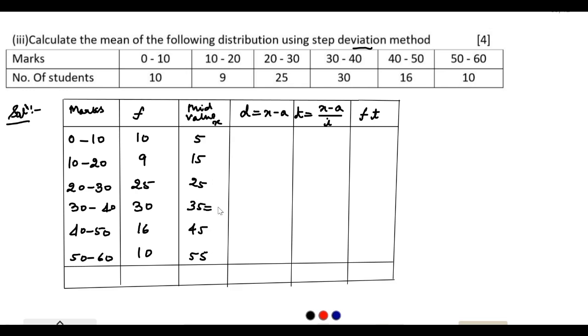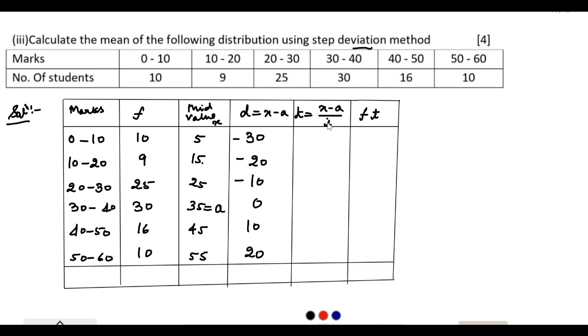Now assume a mean. Suppose 35 is the mean of this data. It is our assumed mean A. Now calculate the deviation D, x minus A. That is 5 minus 35, minus 30, then minus 20, minus 10, 0, 10 and 20.